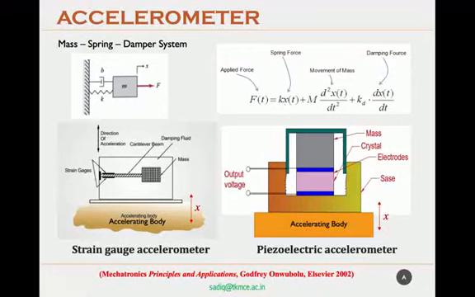Because of this reason, all accelerometers or vibration sensors are modeled by a spring mass damper system. In this, the mass is called inertial mass or seismic mass.